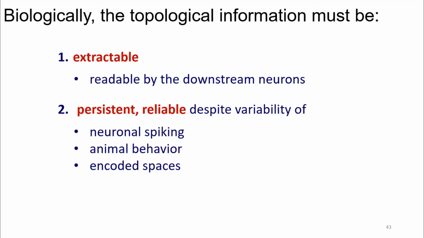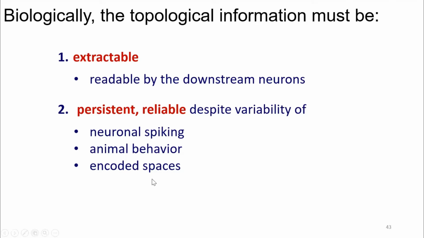But the second issue is that the topological shape or topological information that is contained in simplicial complexes should be reliable. It should be reliable despite several natural sources of randomness and stochasticity and variability, like neuronal spiking, which is stochastic by its nature. Animal behavior. Imagine how these place cells are going to fire in very random orders, and nevertheless, the information that is produced by spiking activity should be stable.